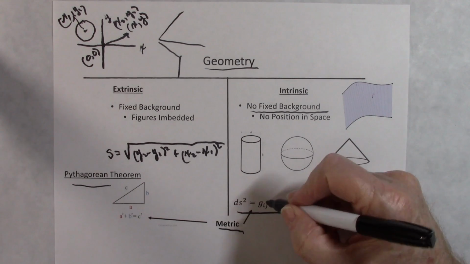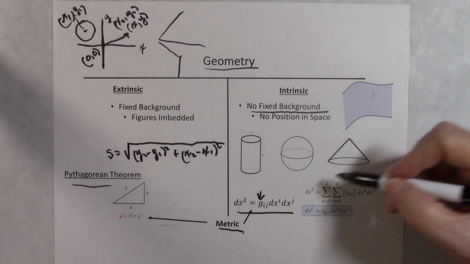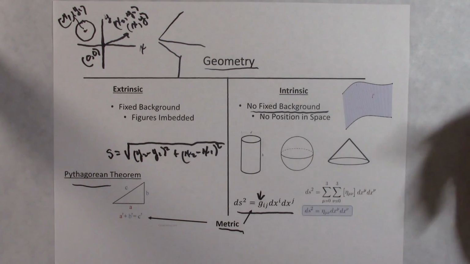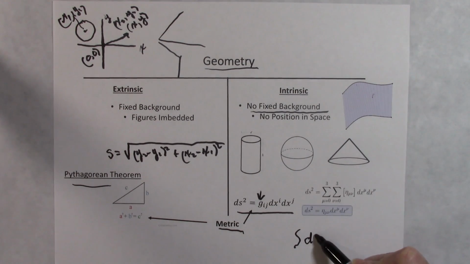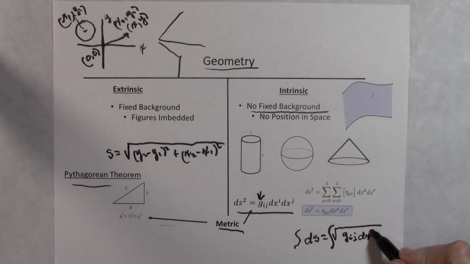So it's this little piece here, tells us about what shape the space is in. We use the methods of the calculus. ds is equal to the square root of the sum of g_ij dx^i dx^j.